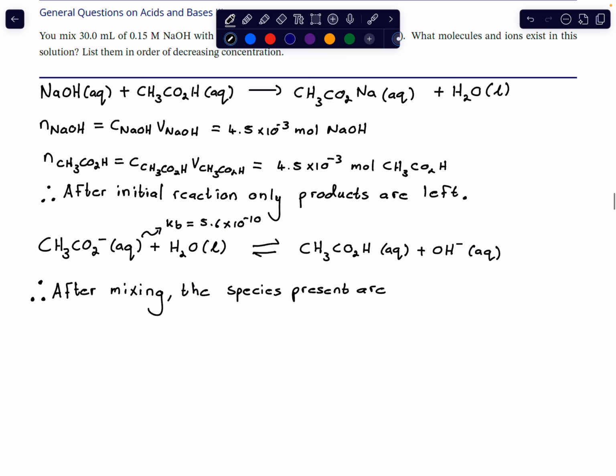So the first one, probably the one that's going to catch you out. Remember, there are sodium ions present in this mixture, because sodium is a spectator ion, so there's sodium there.